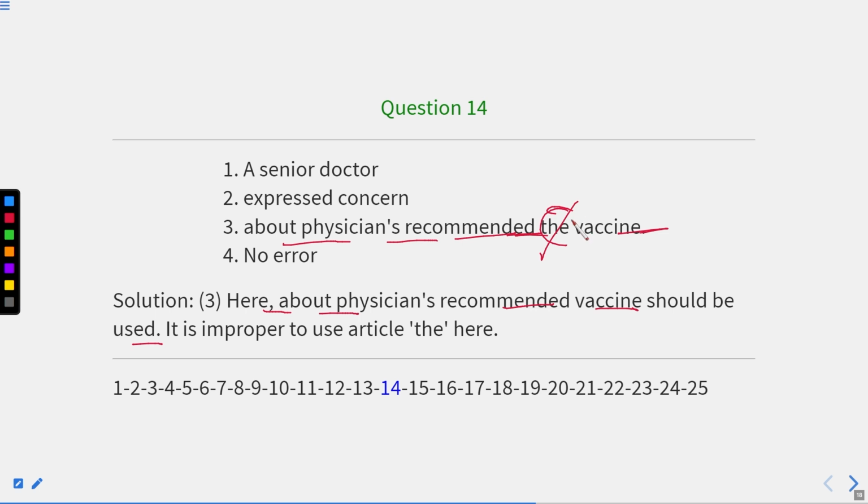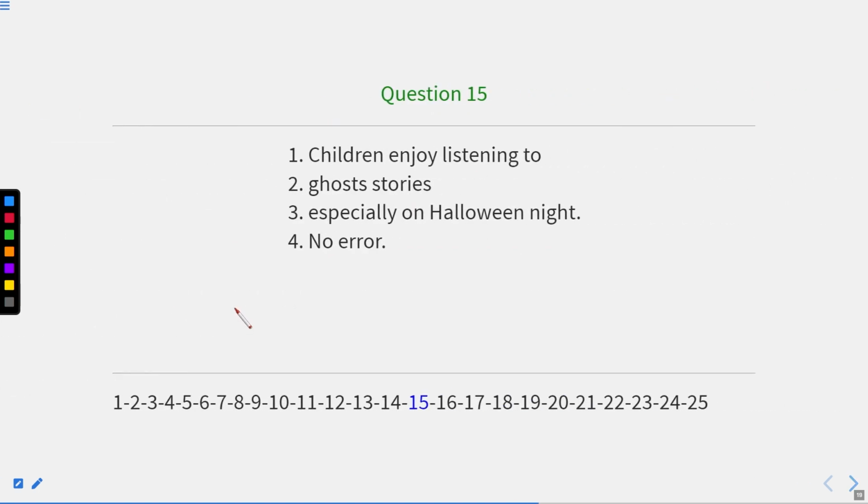Because physicians is a noun over here, and recommended is a participle or adjective. We need not put any article in between these two. So the correct answer will be about physicians recommended vaccine. So the error will be in part 3. Now let us move to the next question.